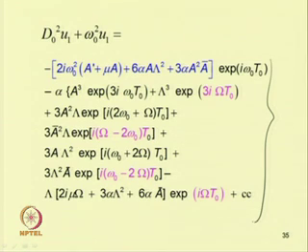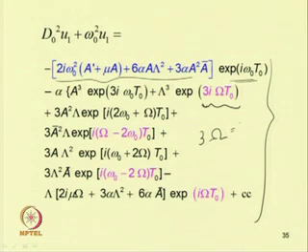Here, the first term is the secular term because it is the coefficient of e to the power i omega 0 t0, and in the second term we have the condition, that when 3 omega is nearly equal to omega 0, we will have a resonance condition.